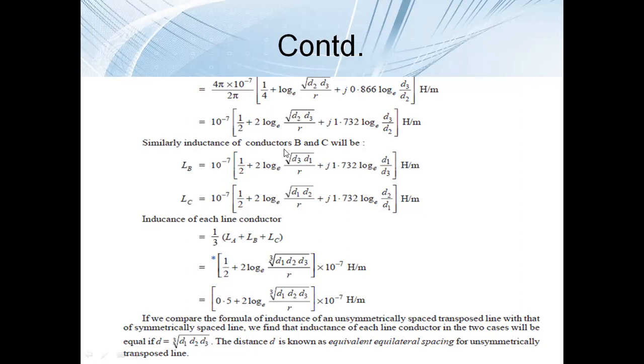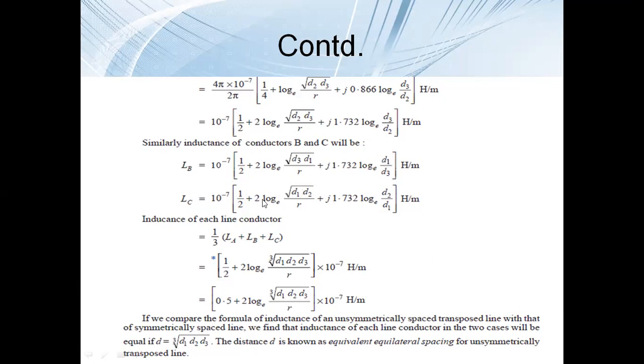So you have to remember this sequence. It starts with D2, so D2 D3 by R. Then for B, D3 comes first, then D3 D1. So here it is D3 by D2, and the next term will be D1 by D3.